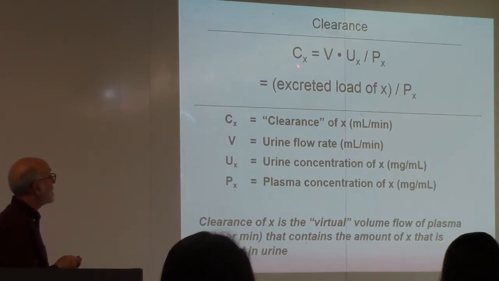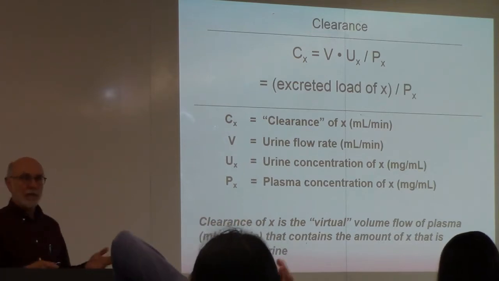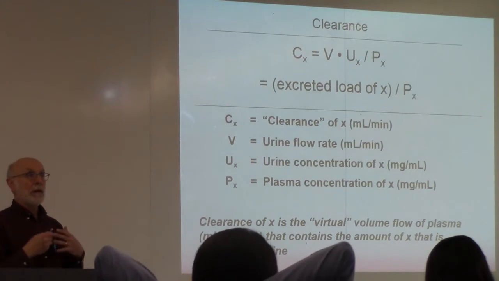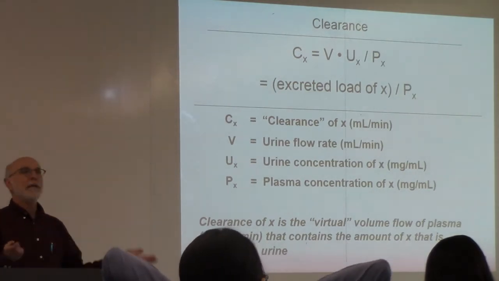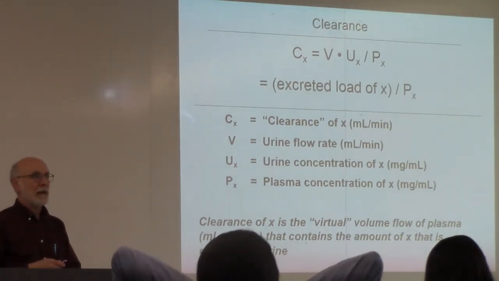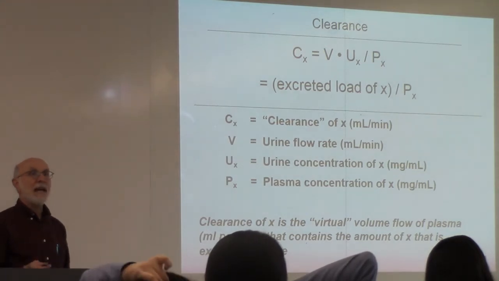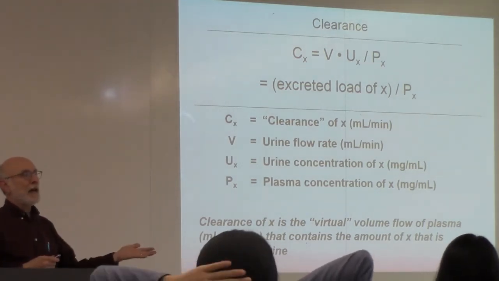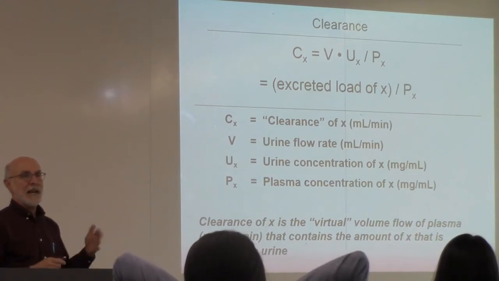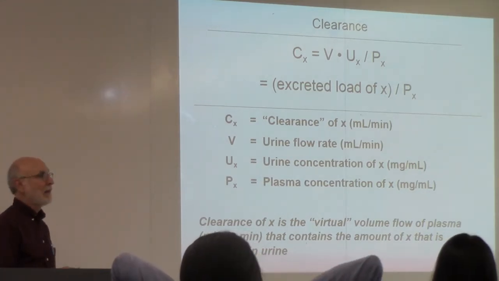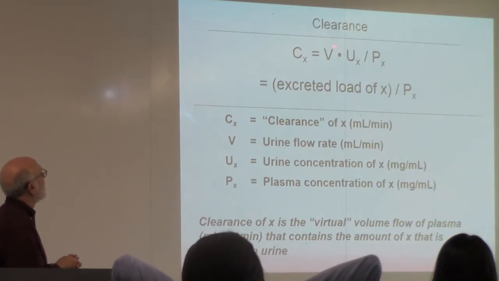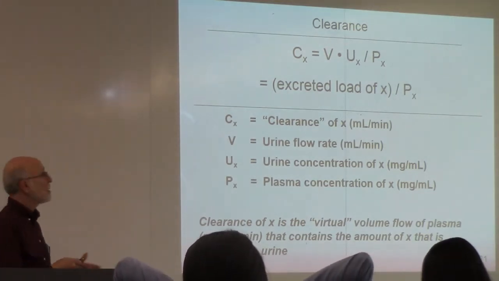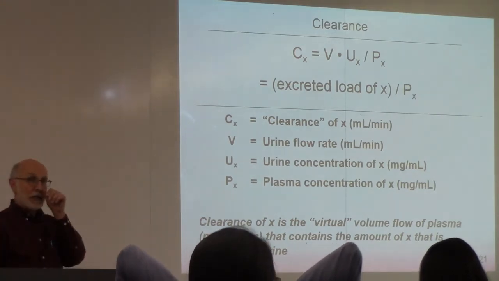The clearance of X, clearance of a substance, sodium, potassium, urea, glucose, clearance of acetaminophen that you took because you had a headache this morning, Tylenol. The clearance of anything is the flow rate, assuming it's cleared by the kidneys. I think acetaminophen is actually cleared by the liver, but whatever. Volume flow rate of urine times the urine concentration of that substance divided by the plasma concentration of that substance.